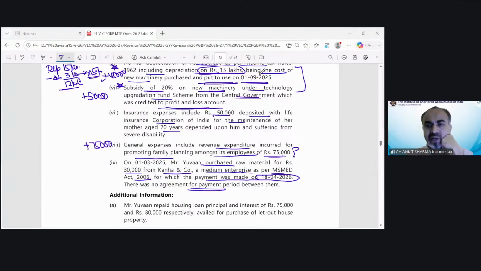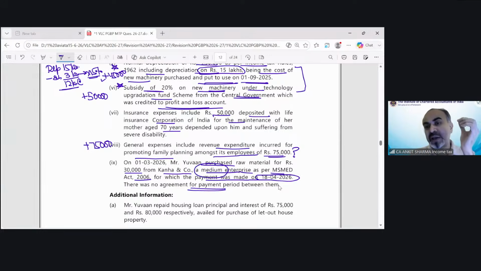Anil Kumar is saying allowed, sir, because it's for employees. Not allowed, wrong. It's for companies only. Garv is saying for point number 9, 43B, no adjustment since it's a medium enterprise. Absolutely correct. No adjustment because it's a medium enterprise. Please read the small details. The provision is applicable only for micro and small, not for medium enterprises. So there is no disallowance required in this situation.